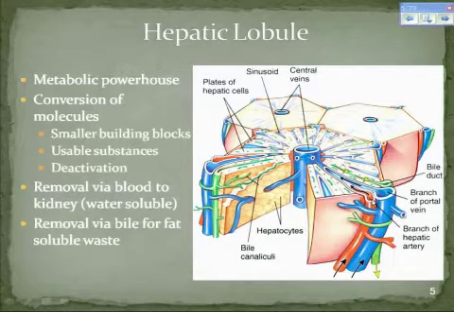As the blood travels through here, these liver cells have a very large surface area to do what they need to do. Usually they convert molecules into smaller building blocks. They make them usable, and they deactivate a lot of compounds that are very dangerous. Eventually, you get removal via blood to the kidney for water-soluble compounds.